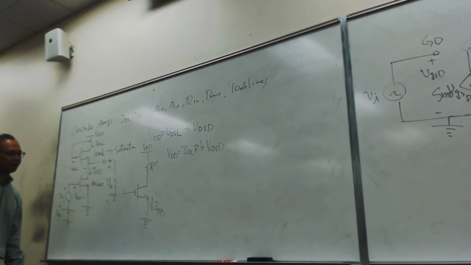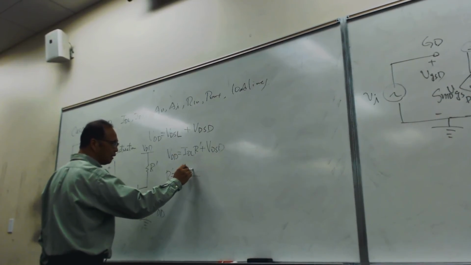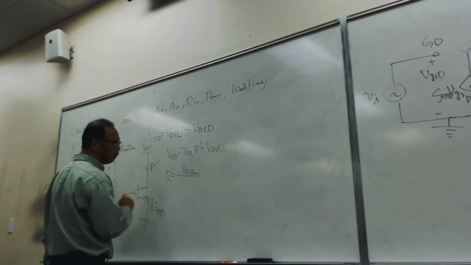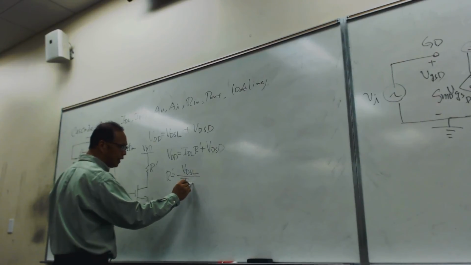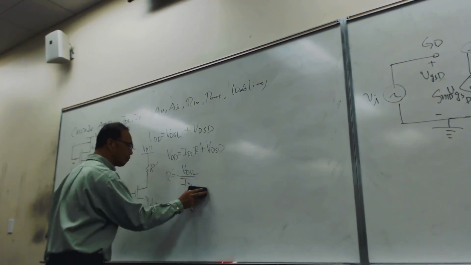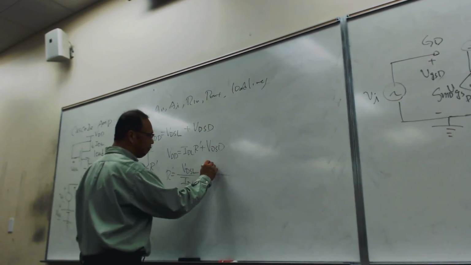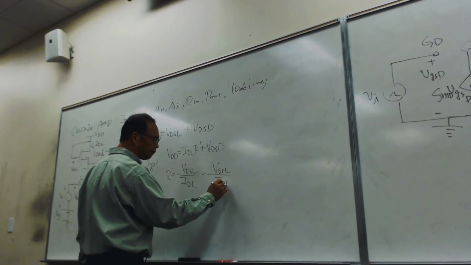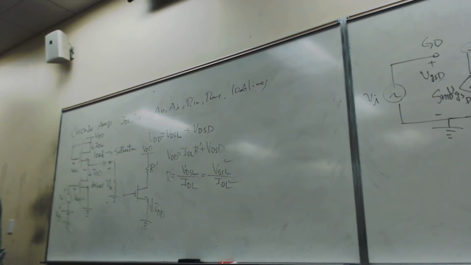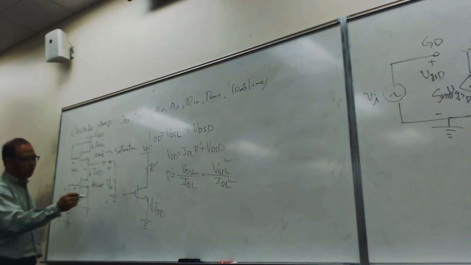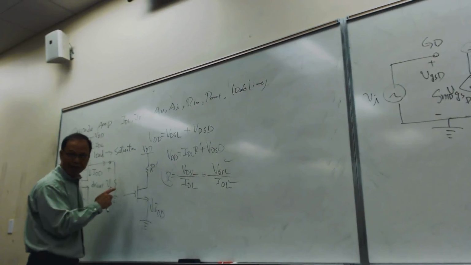The question is what is R prime? R prime is equal to VDS load divided by IDS load, which is the same as VGSL over IDL. And this is known, because we have calculated these two parameters in the DC analysis. So the resistance associated with the load can be found.